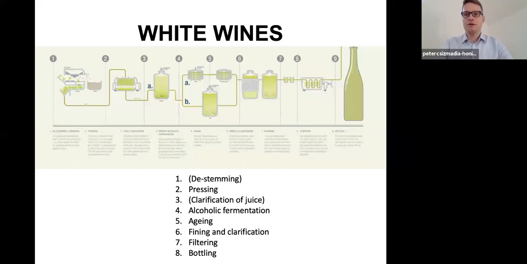The first step in the process is that the winemaker is very likely, not always, but very likely to remove the berries from the cluster, from the stalk, and this is the process called de-stemming. The reason we remove them is because, as I said, the phenols are found in 3 areas: skins, pips, and stalks. The tannins in the stalks are very harsh, very green, very unpleasant.